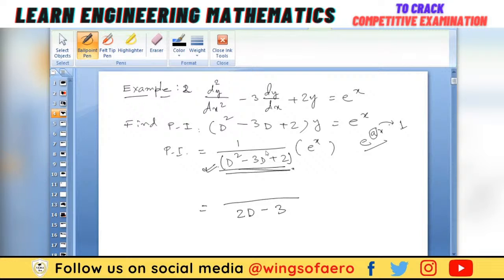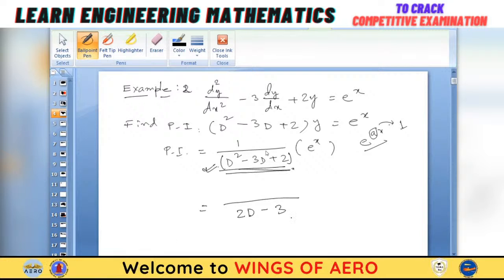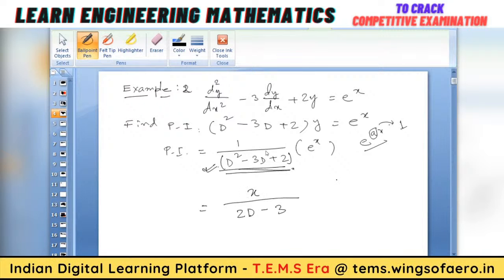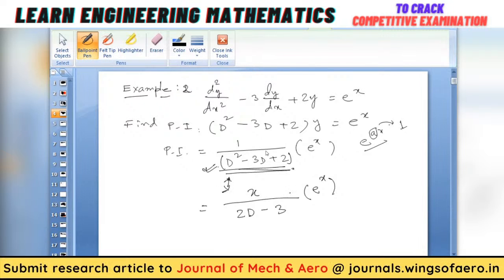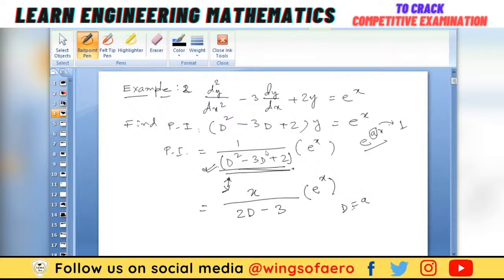Am I right? After taking this derivative, put an x in the numerator. This is the formula. Again e to the power x. This and this will be equivalent. Now in this equation, put d is equal to a.